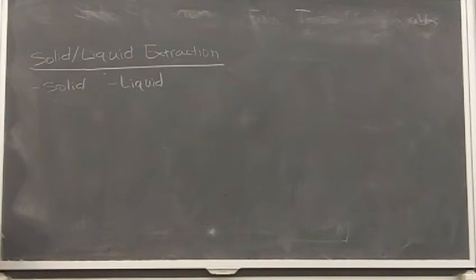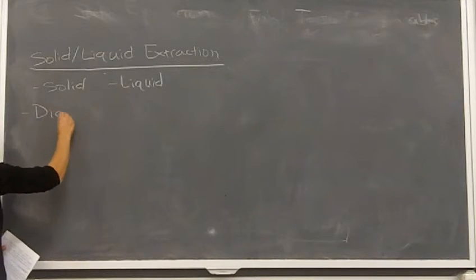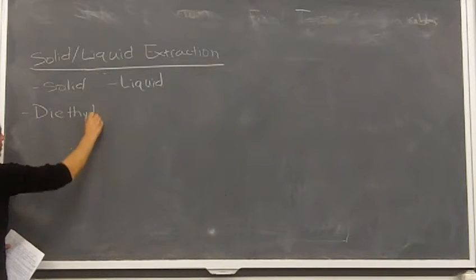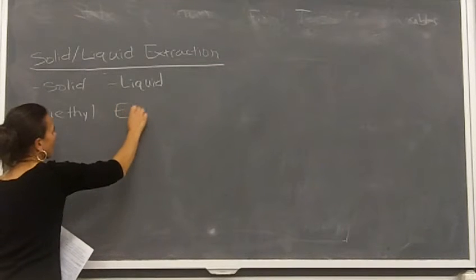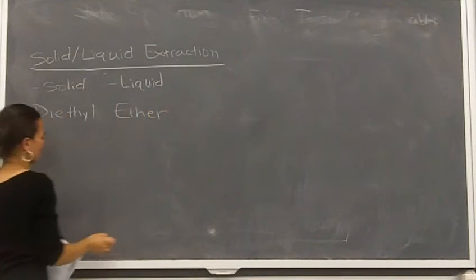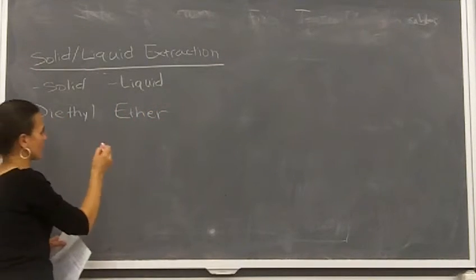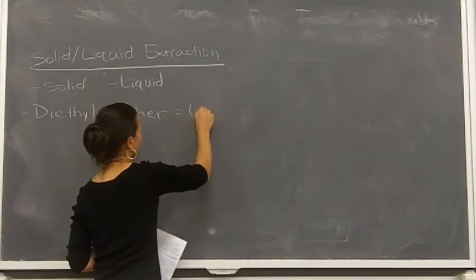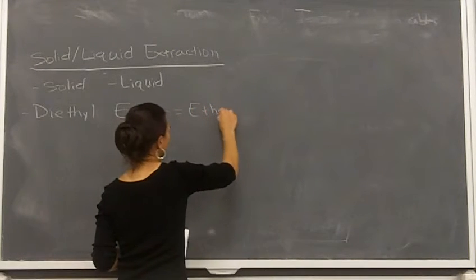Now there's a couple things that we need to keep in mind with this solid liquid extraction. The first thing I'm going to do is talk about diethyl ether. There's some things we need to think about when we are using diethyl ether, okay? And first of all, diethyl ether is also known as ether.